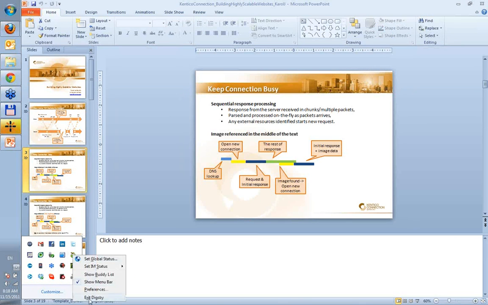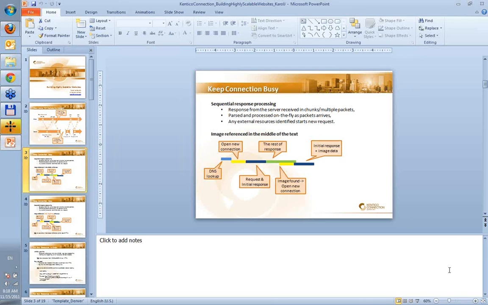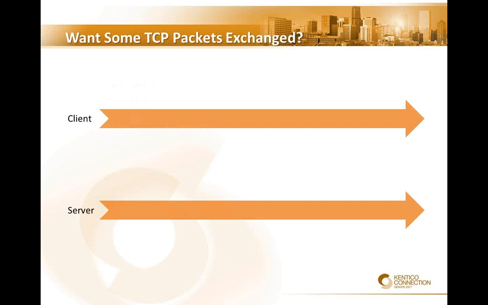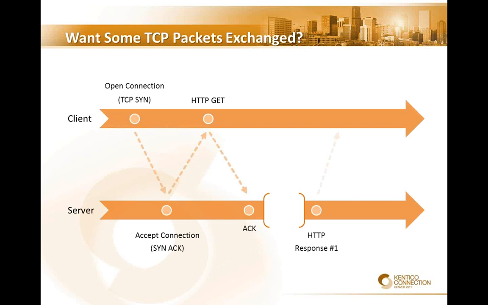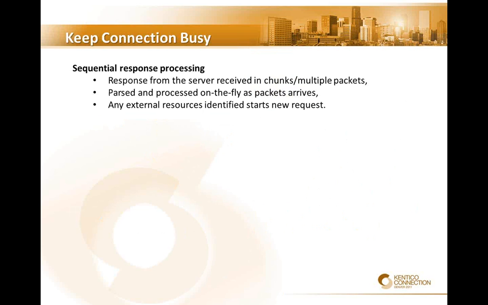What does it mean? Okay, here we go. The code or the response retrieved from the server is processed sequentially. That's something that you are probably aware of. As you've seen, the response is not retrieved all at once.